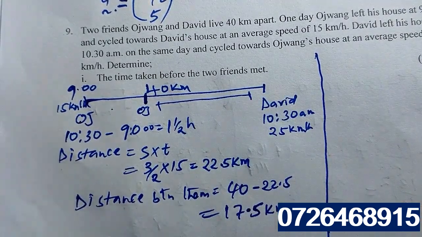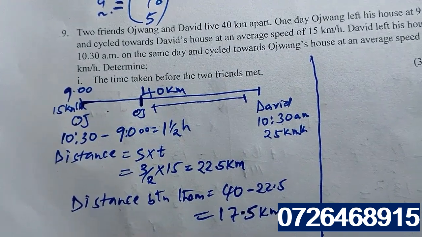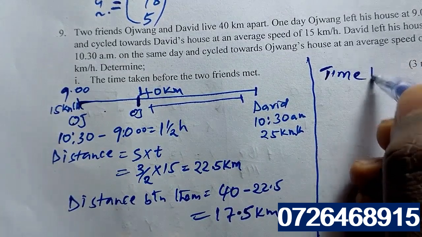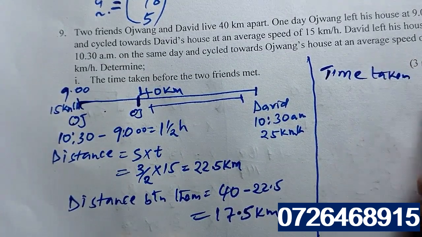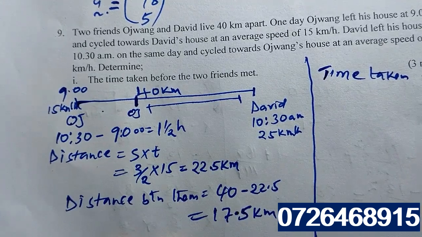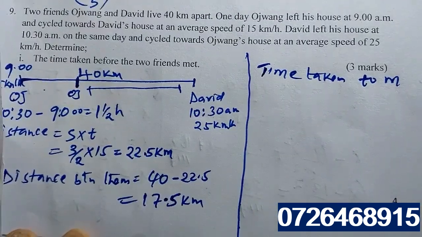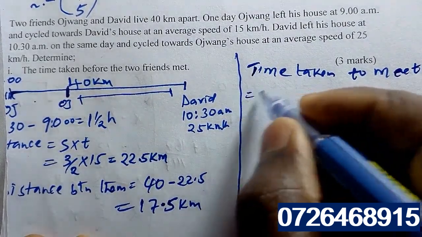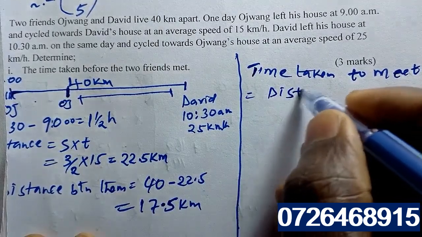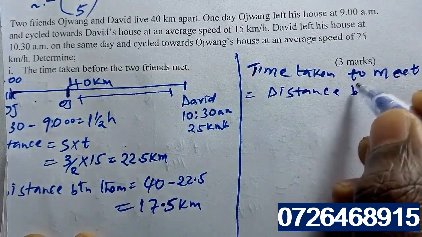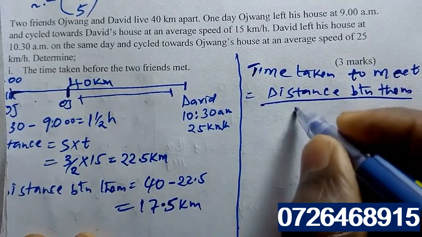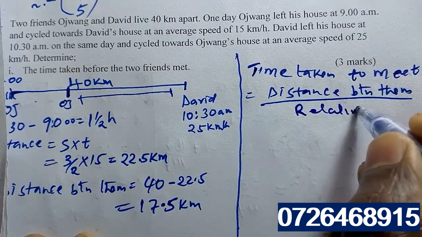Next, to find the time taken to meet, time taken to meet inapewa by distance between them, you divide by relative speed.